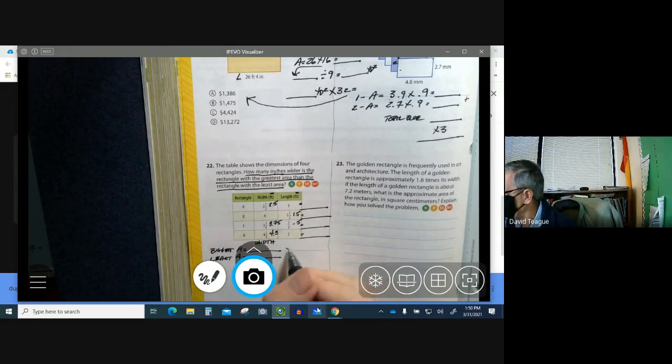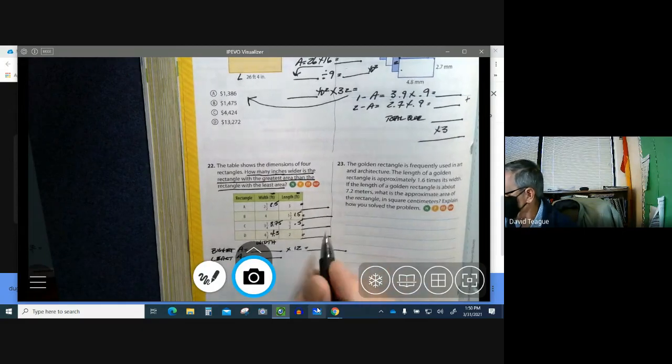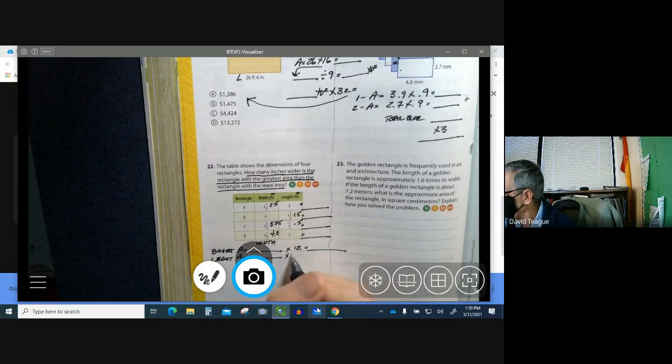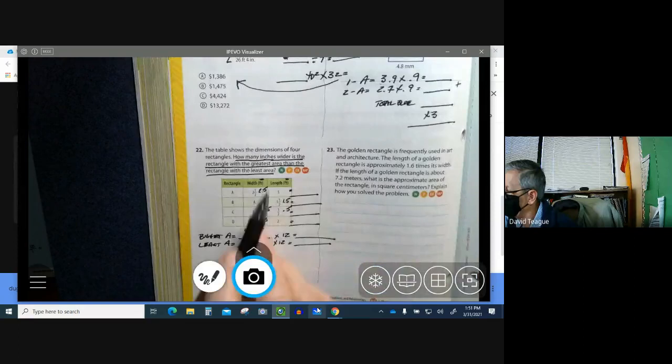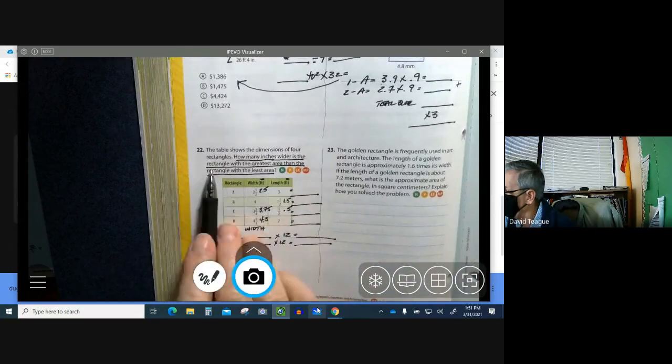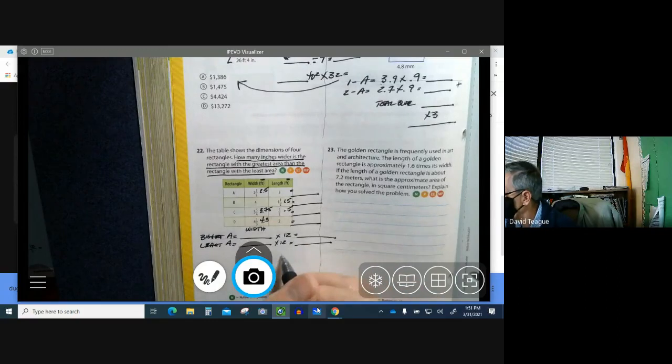Okay. But this is in feet. We need to convert it to inches. So we're going to multiply that number times 12. Gives us a new number. Then we're going to multiply this one times 12 to convert it to inches. We get a new number. Okay. And it wants to know how many inches wider is the rectangle. So then you're going to have to subtract the two.